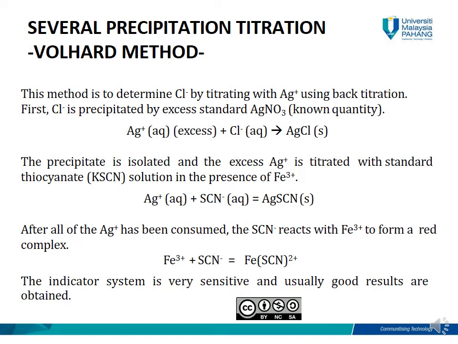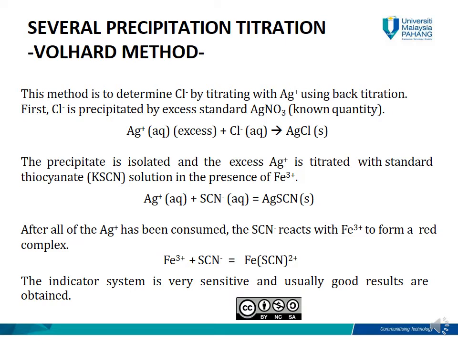So next, we proceed with the second type of precipitation titration, which is the Volhard method. In this Volhard method, your analyte is the chloride ion, and the titrant is the same, actually.